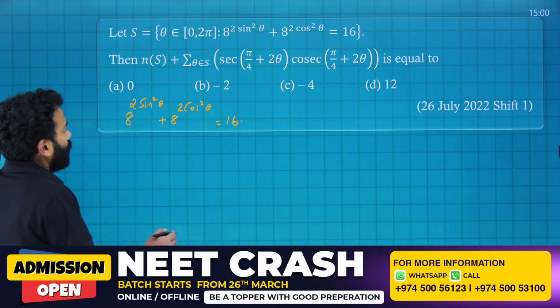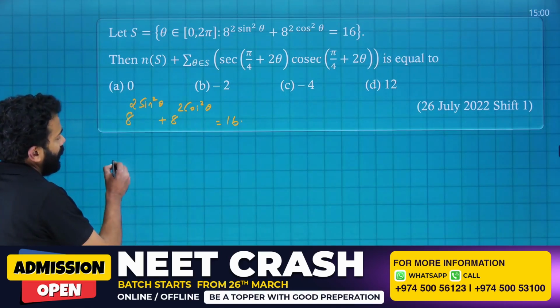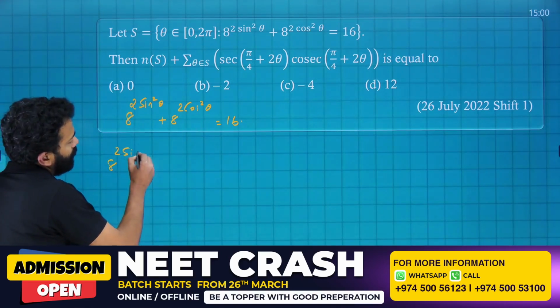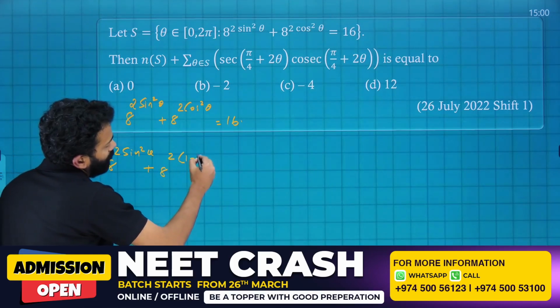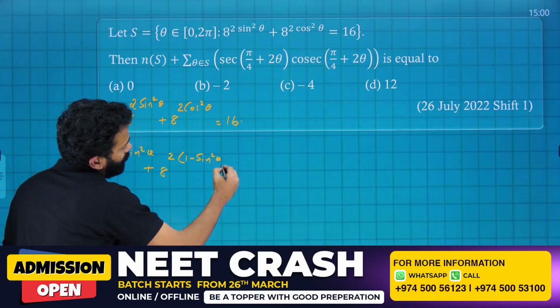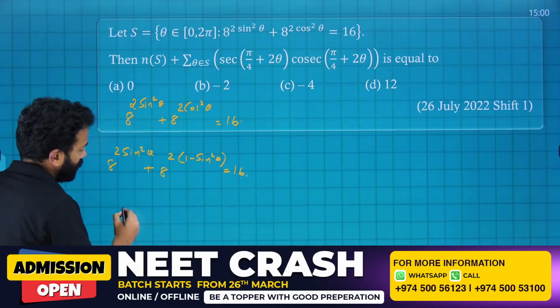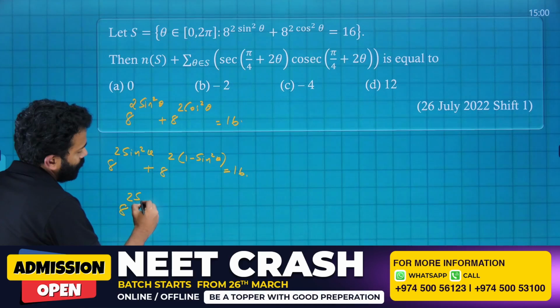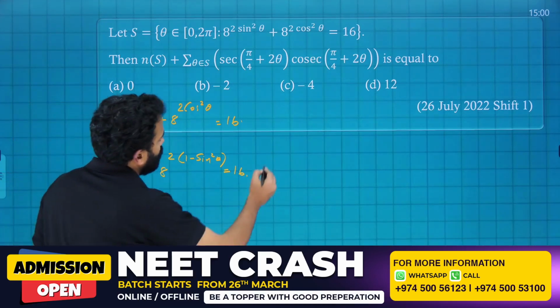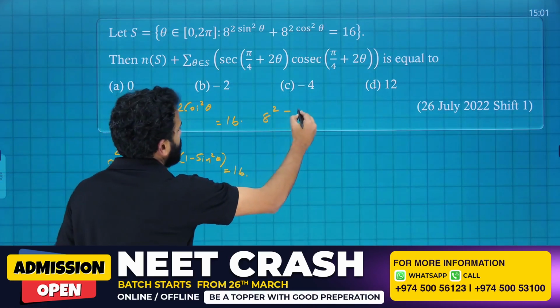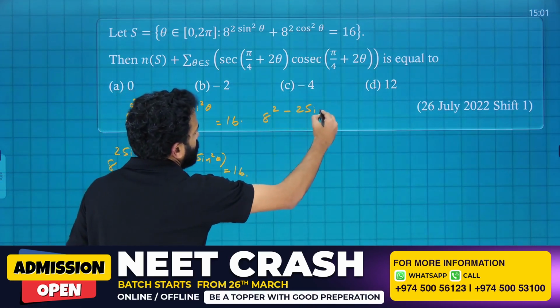So I'm converting this: 8 raised to 2 sine square theta plus 8 raised to 2 into 1 minus sine square theta, which is equal to 16. After opening the bracket, it will be 8 raised to 2 sine square theta plus 8 raised to 2 minus 2 sine square theta.